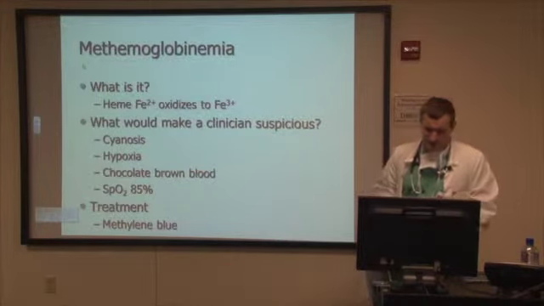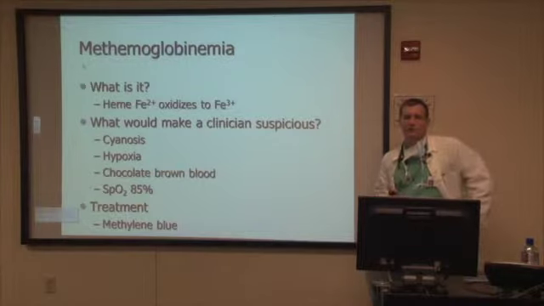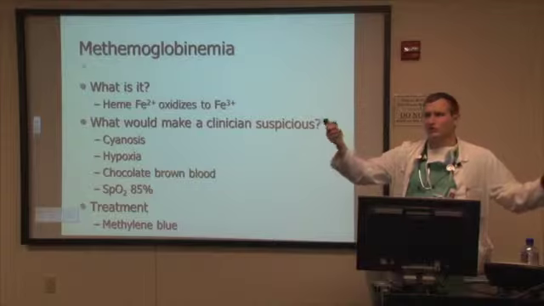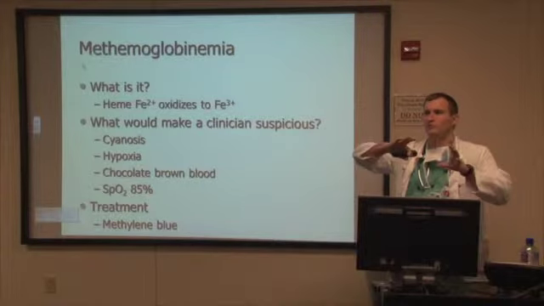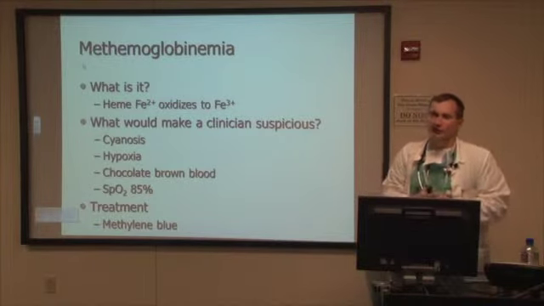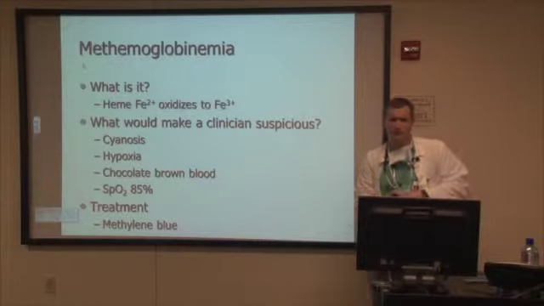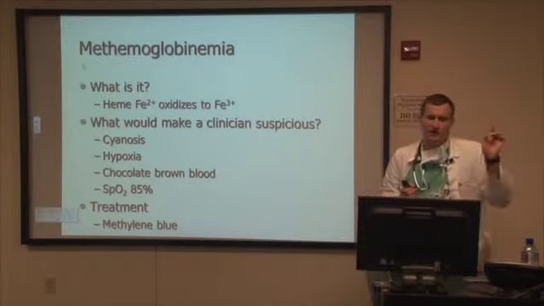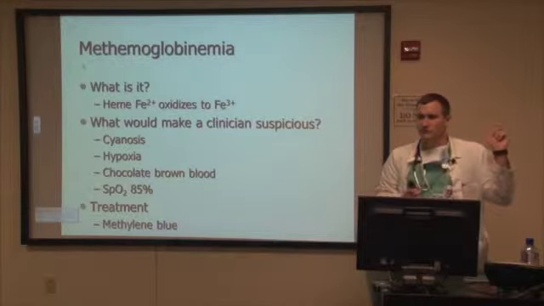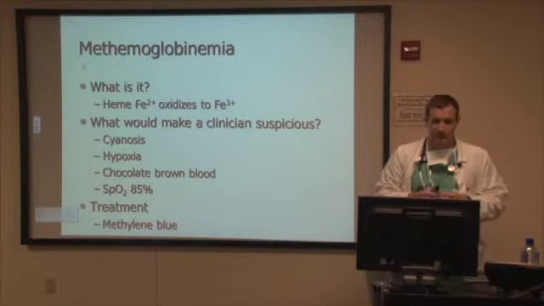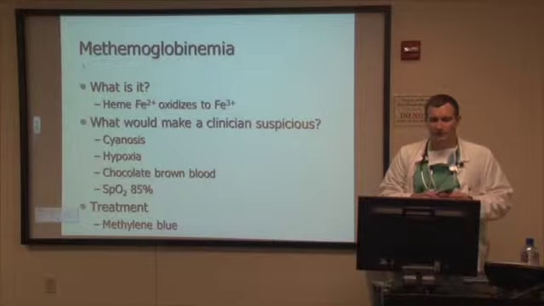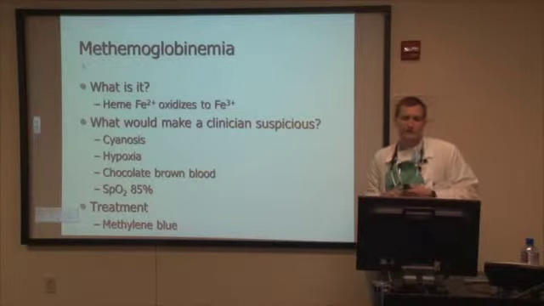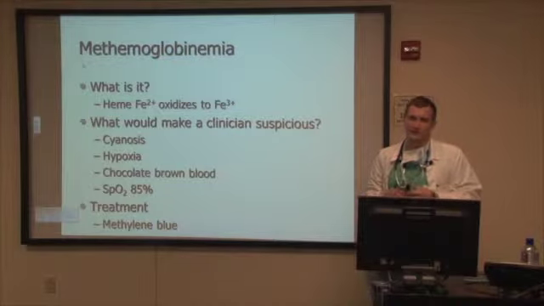Let's see. Methemoglobinemia is simply, we know what hemoglobin is, okay? We have the heme component, which is, of course, held together by an iron atom. What occurs in methemoglobinemia is that iron atom oxidizes to the 3+ state. And what occurs is a strange constellation of symptoms in these patients.